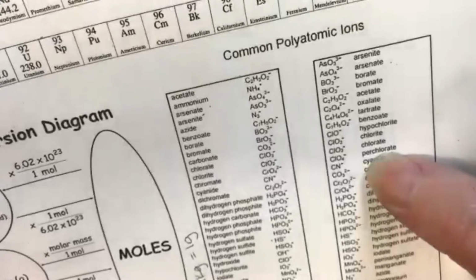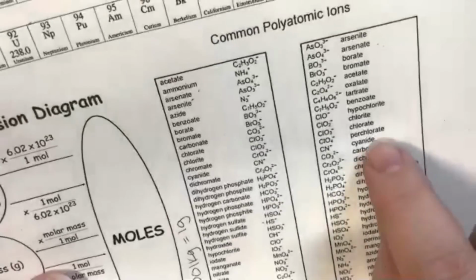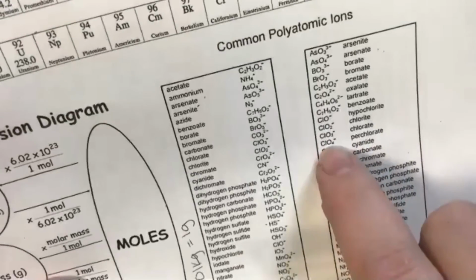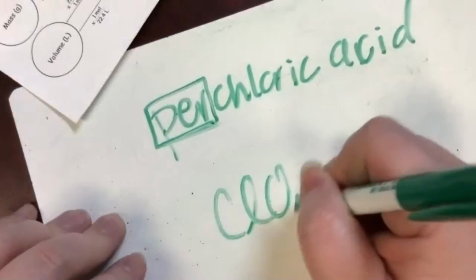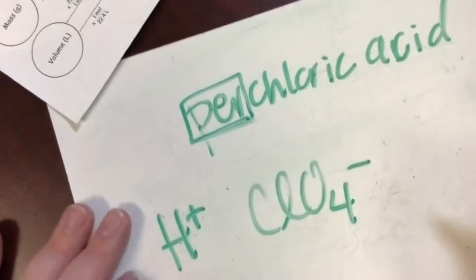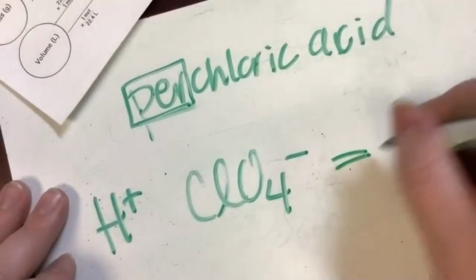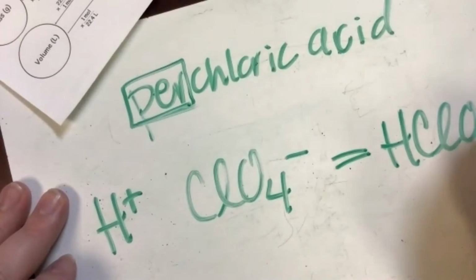There's one right there. It says perchlorate. So that formula is ClO4 minus 1. So all I do now is add that H on the front to make it an acid. These are both plus 1 and minus 1. So your answer is HClO4.